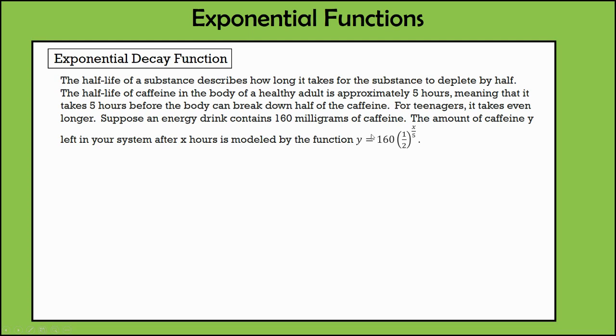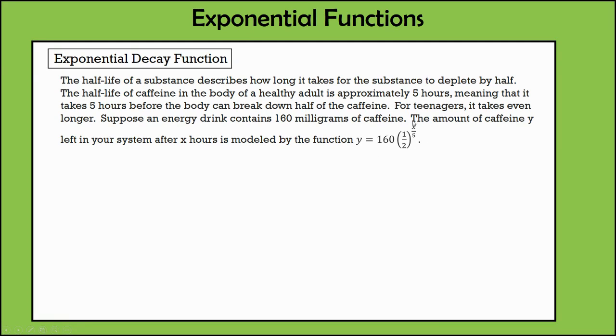To cut this substance in half is our base number of 1/2 here. And then x is the number of hours, so x over 5 is a fifth of an hour. If you put 1 in for x, you're looking at a fifth of an hour. And 2 hours is 2/5 of our time period to cut the amount of caffeine in half. So that's why it's written like this.